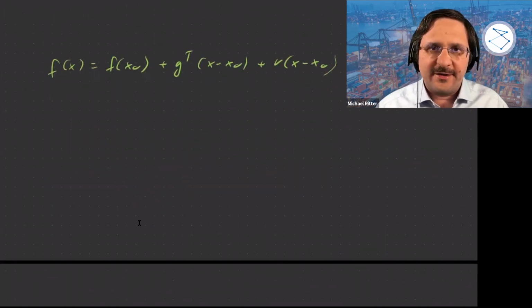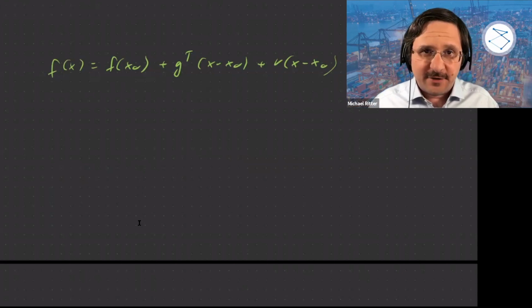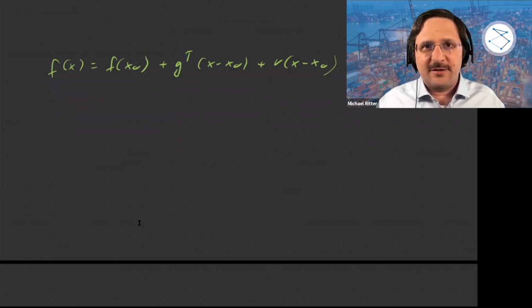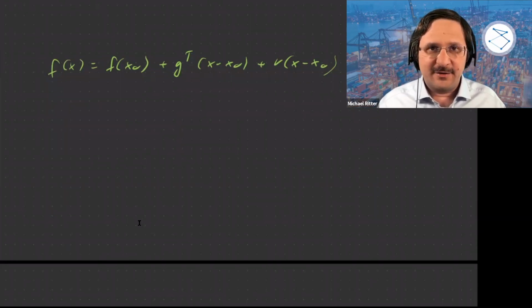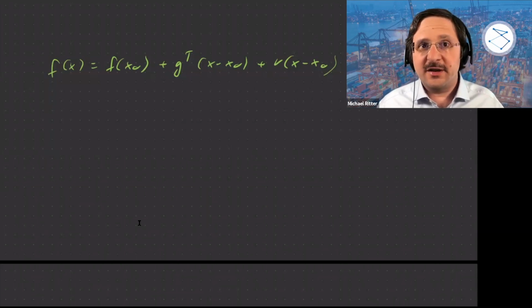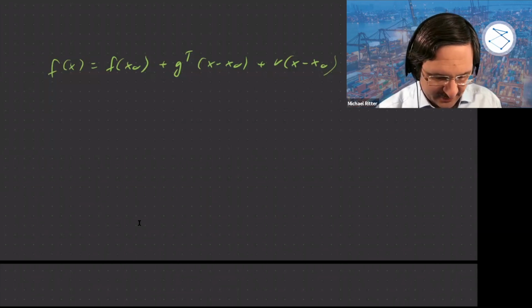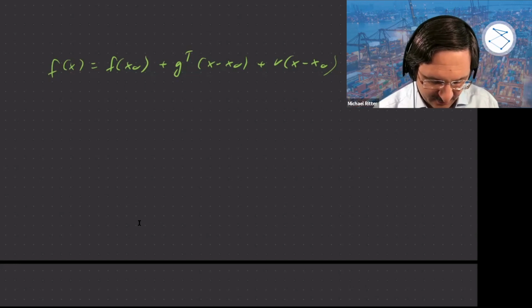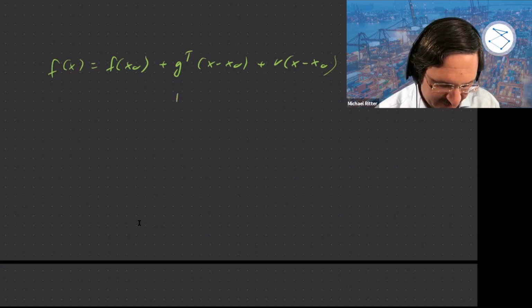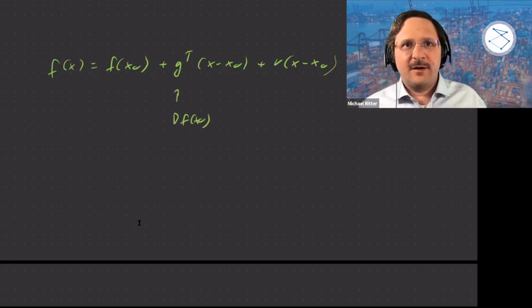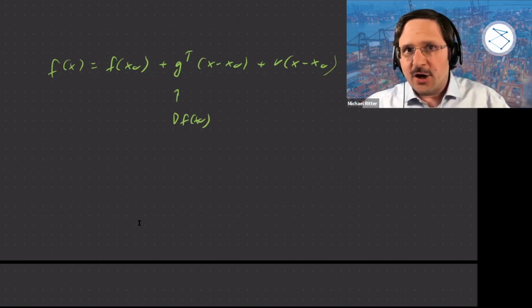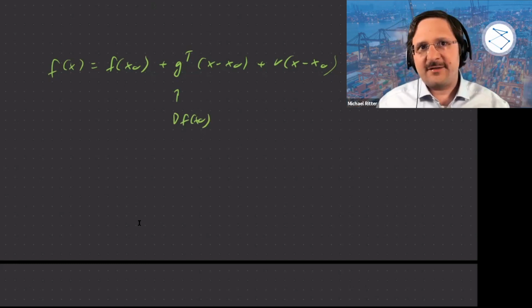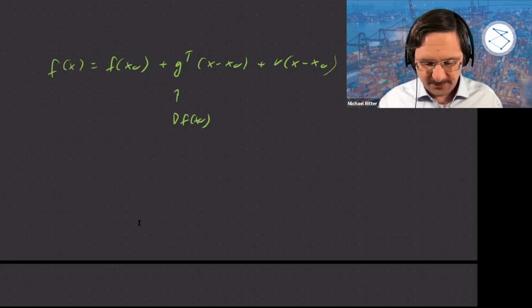So we already established that if a function is differentiable, then the only possible candidate for this part here is the gradient. Okay, so the only thing we can do basically is put in the gradient of the function f at x0 here. Of course, a function that has a gradient need not be differentiable, but if it is, then that's the only thing that can happen here.